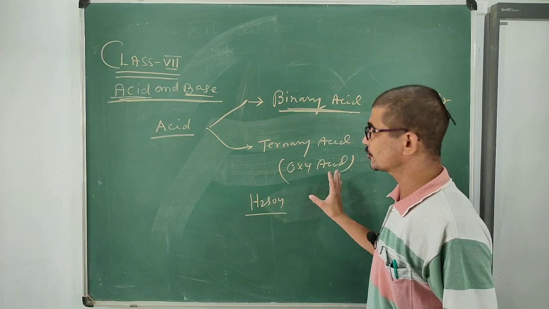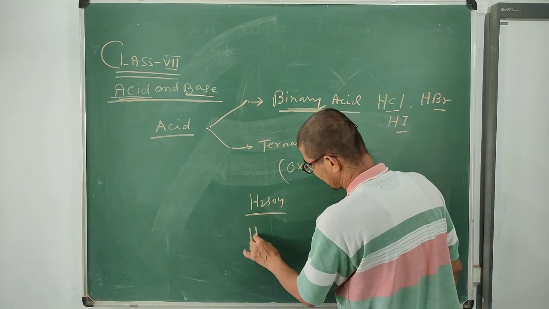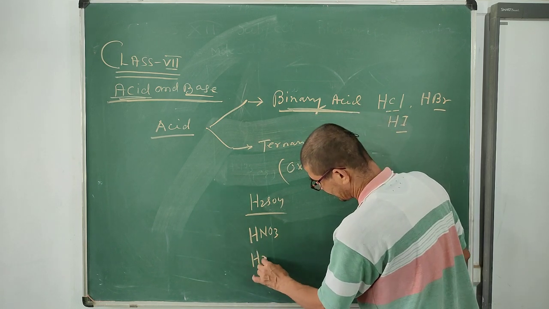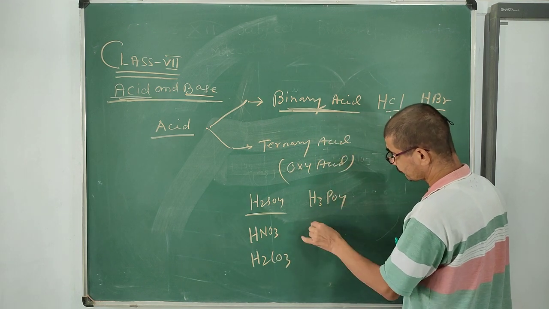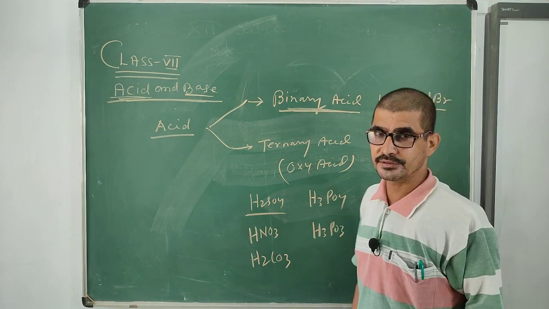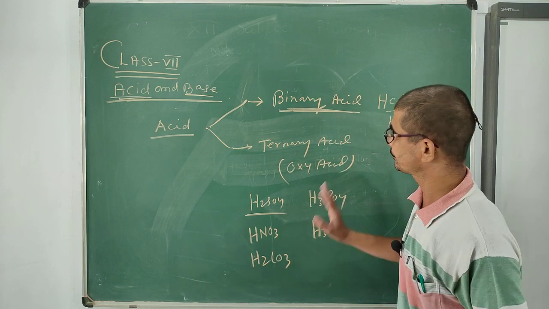Because it has oxygen, it is also known as oxy acid. Nitric acid is another example of ternary acid. Carbonic acid, phosphoric acid, phosphorus acid, these are ternary acids, because they consist of three different types of elements.